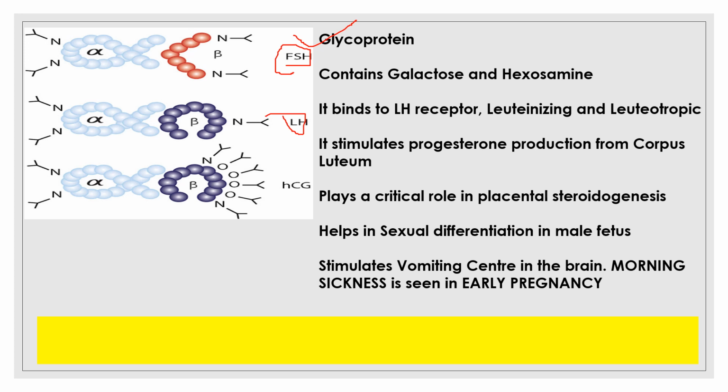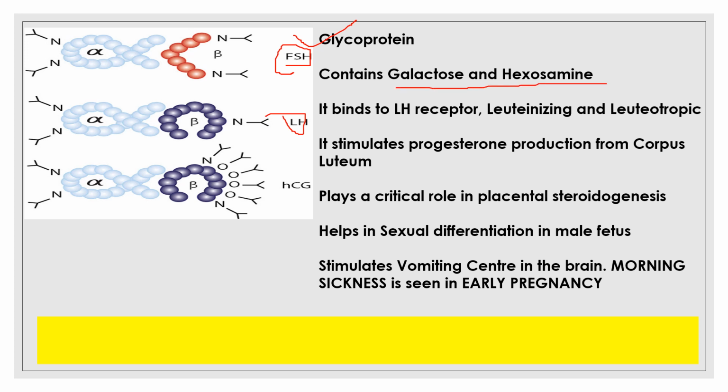Although this is a placental glycoprotein and these are anterior pituitary glycoproteins, there is a very crucial similarity. All of them have alpha and beta chains, and the alpha chain is similar in LH, FSH and HCG. By the alpha chain you cannot differentiate them. It is the beta chain by which you can differentiate different glycoproteins. Now it contains galactose and hexosamine.